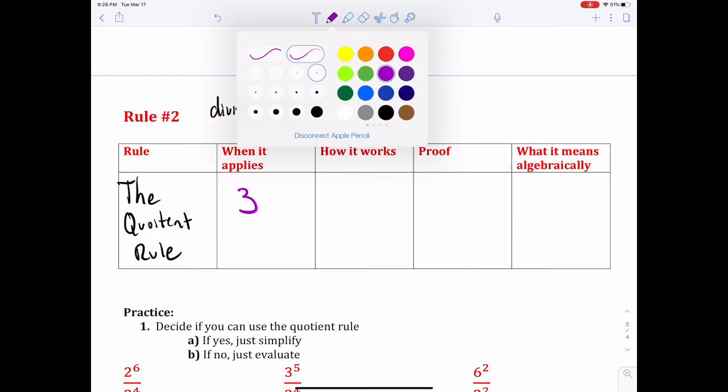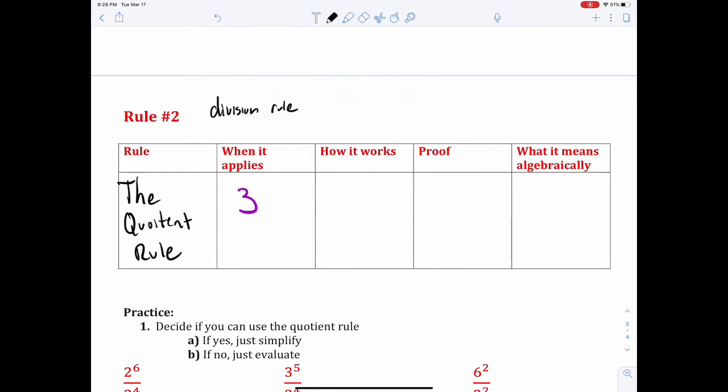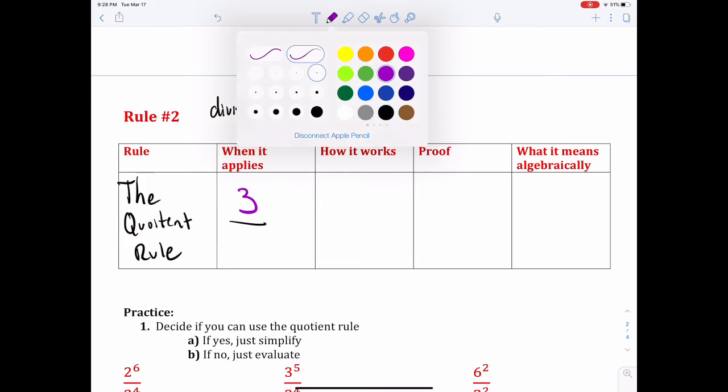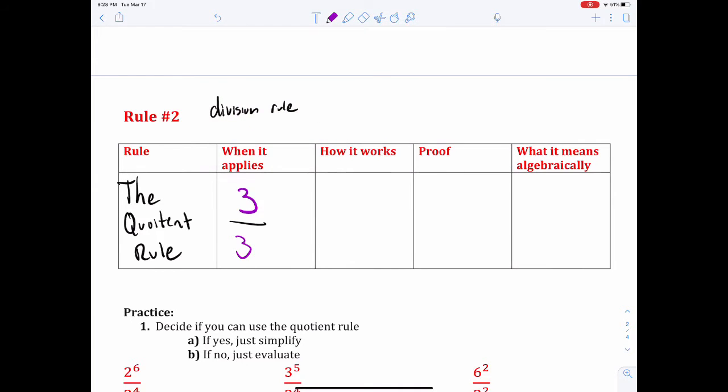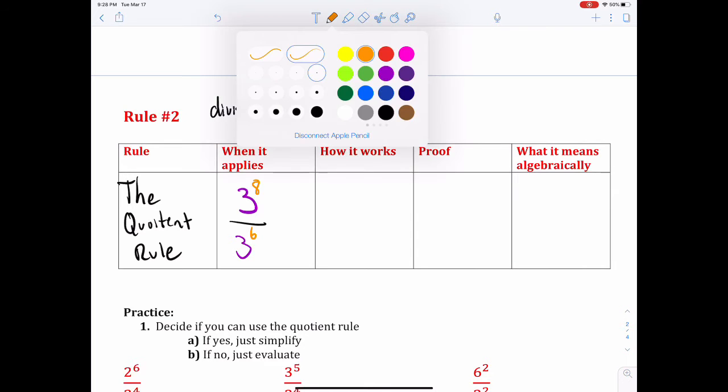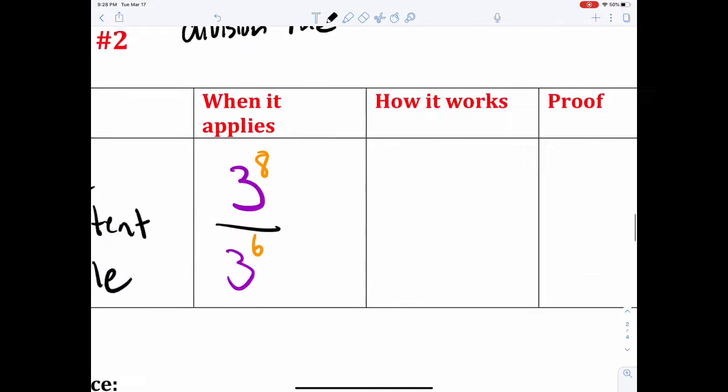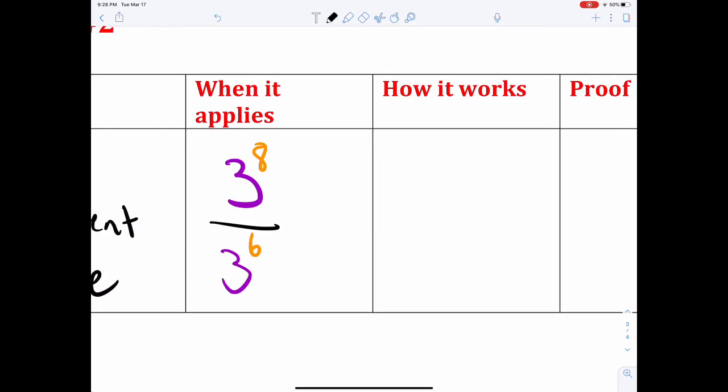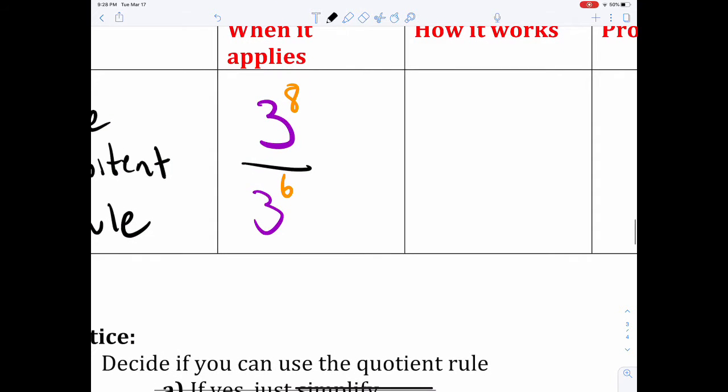So say we have 3 over 3, and the top 3 has an 8, and this one has a 6. Since we are dividing and the bases are the same, we can use this rule.